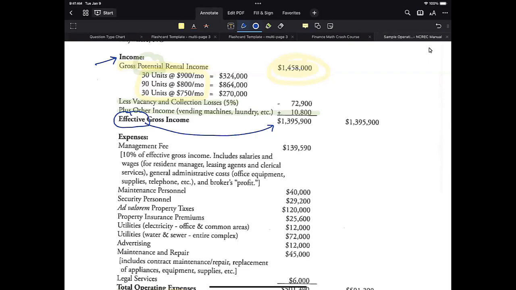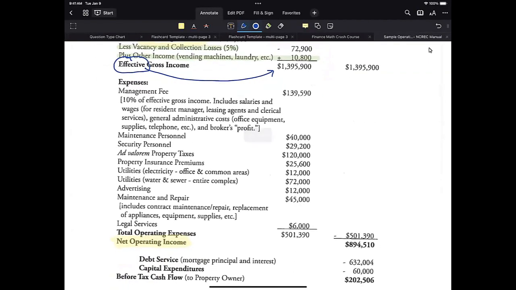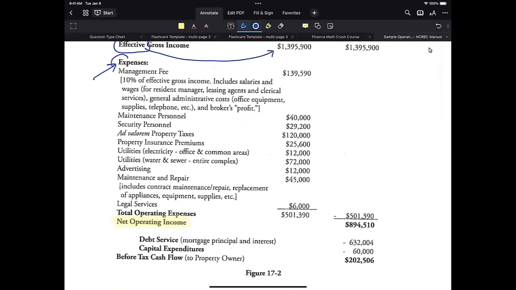But then your job as a property manager is to say, you've got expenses. You got to pay me first and foremost. And then you're going to have property taxes. You have maintenance, people you need to pay. We have to advertise, utilities, legal services.